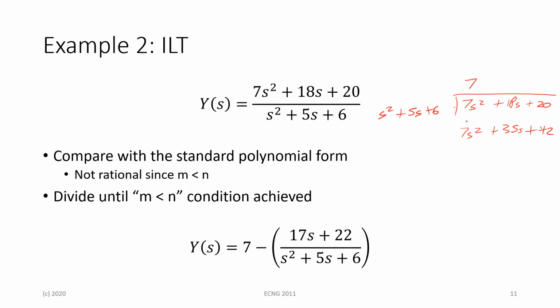Because this is basically long division, that means we have a minus sign here. So 7s squared minus 7s squared will give us 0. 18s minus positive 35s is going to be 18 minus 35. So that basically is going to be minus 17s.